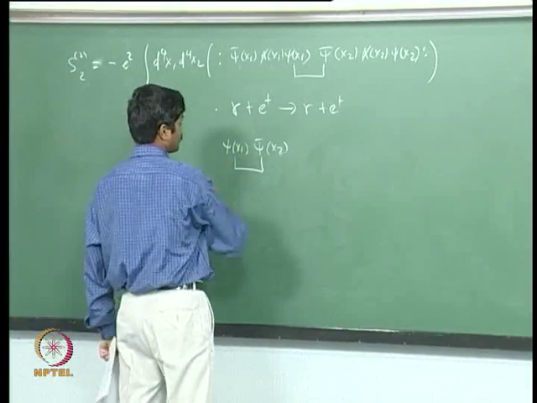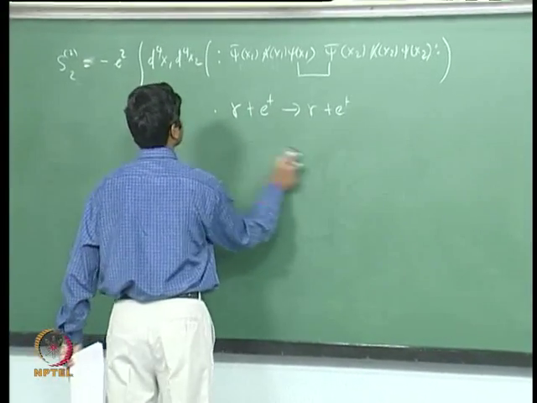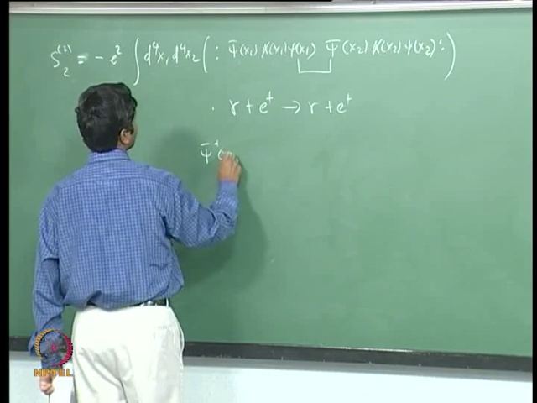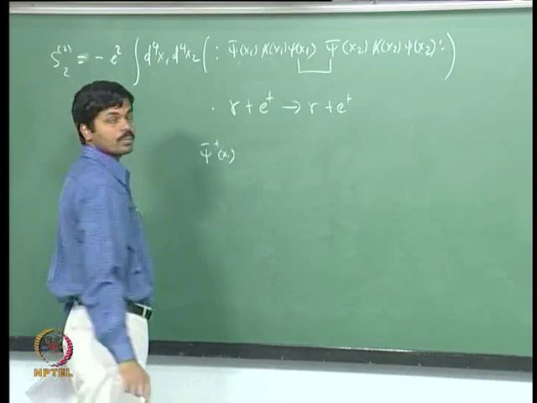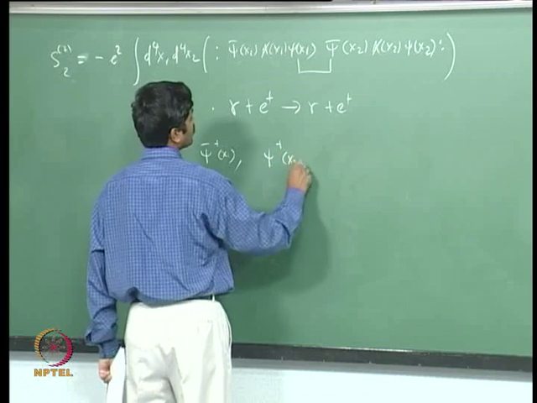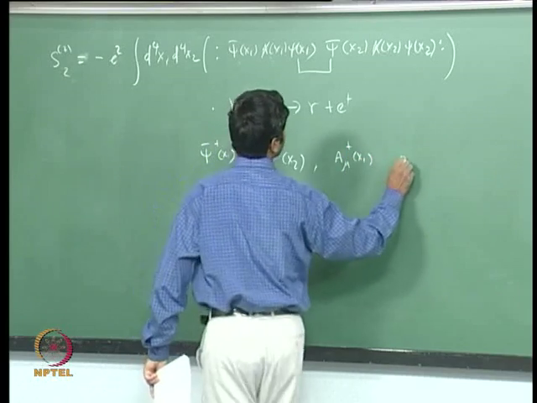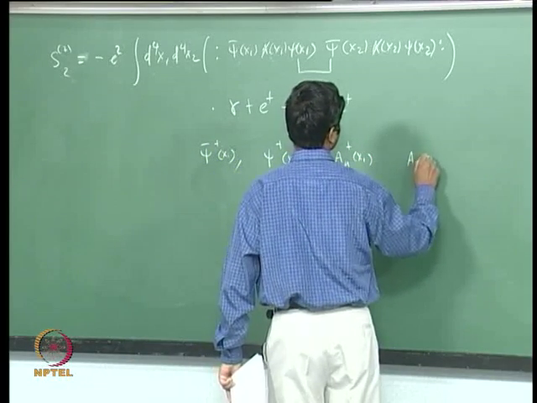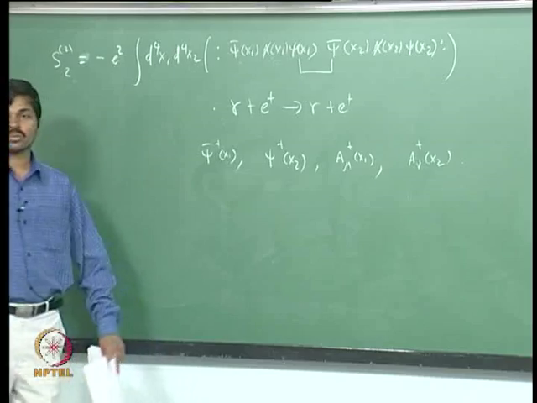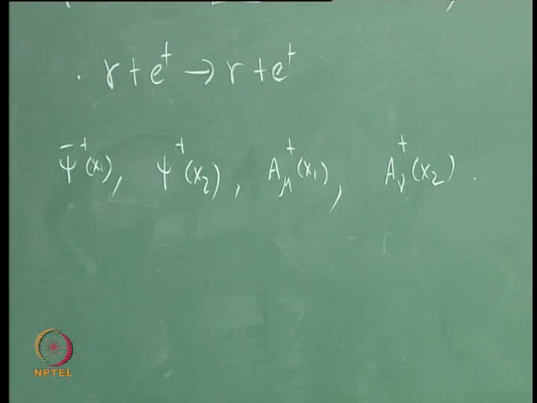Now there is of course this physical process. You can also have psi bar plus of x1, and you can have psi plus of x2, A mu plus of x1, A nu plus of x2. One such term will contain all these fields here. So what physical process will this describe?